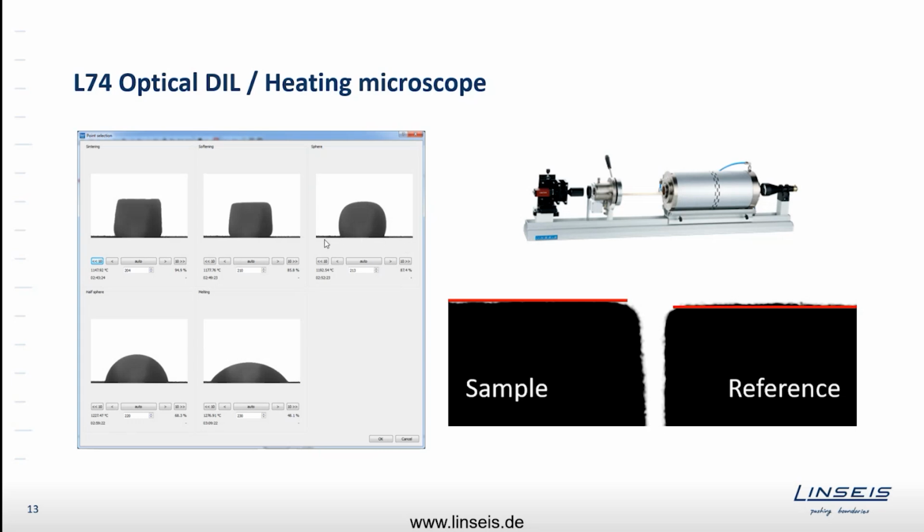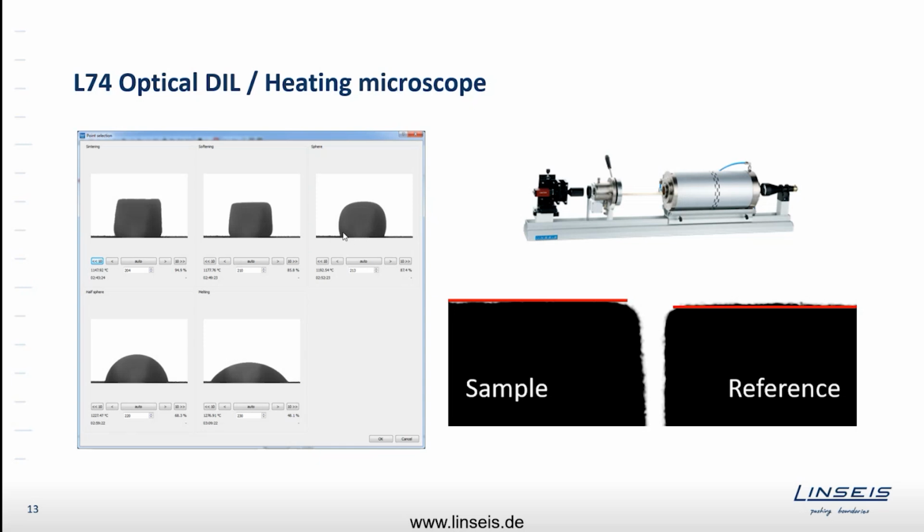Either you use an alumina plate, which comes with the system, or you can also use any kind of substrate plate if you want to investigate the wetting between a sample and the specific substrate. You can place a substrate plate in there, put the sample on top, and melt it onto your substrate. And so you can measure the wetting angles, contact angles, temperatures when it melts, temperatures at which the sample wets the surface. So this is the typical heating microscope mode.